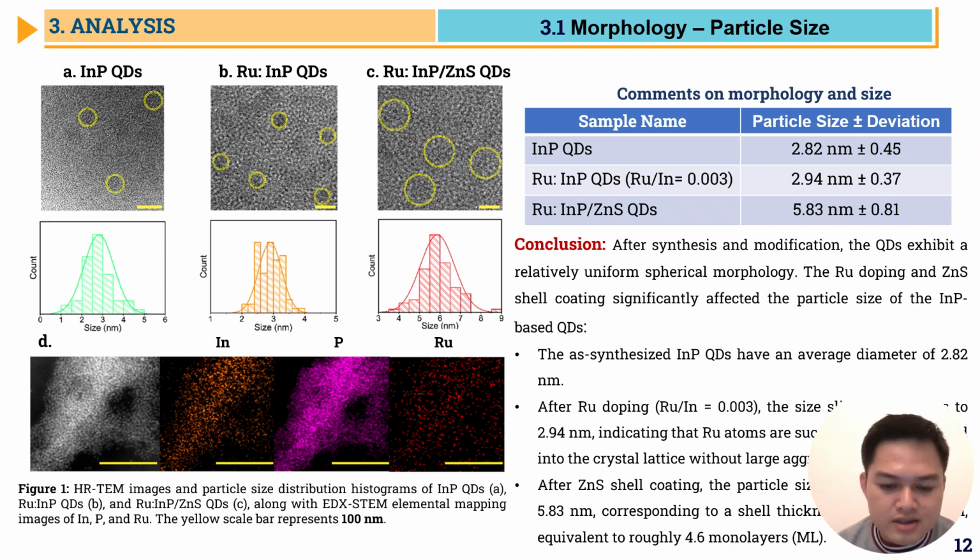With the zinc sulfide shell the size grows to 5.83 nanometer, and the mapping confirms indium and ruthenium in the quantum dots. The dots remain uniform and symmetrical.